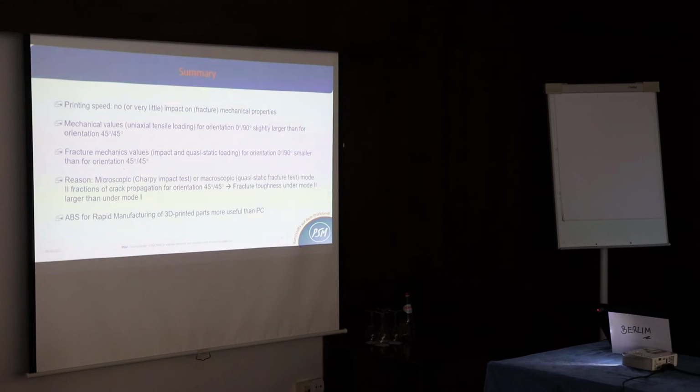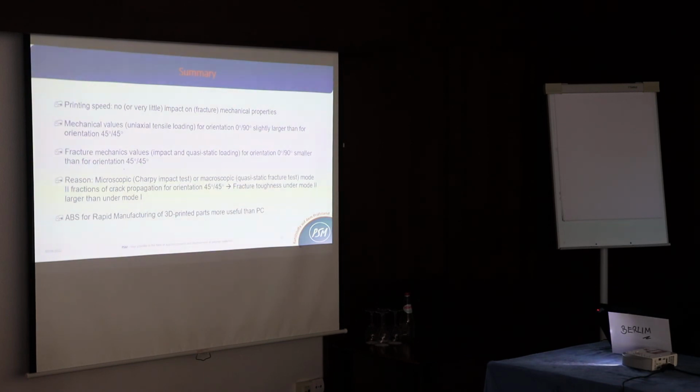And clearly, the mechanical properties are more or less always the same. We can say a little higher for the 90 degree if you look at the tensile strength and the modulus. But very important is that due to the structure, of course, they have higher values for the 45. If you look at the fracture mechanics values, both at impact and quasi-static loading, they are related to the resistance against unstable crack propagation, but also to the resistance against stable crack propagation.